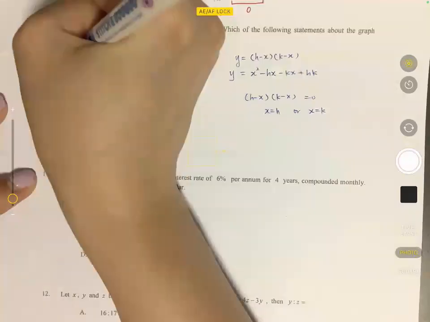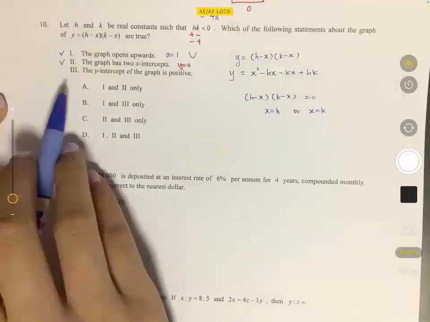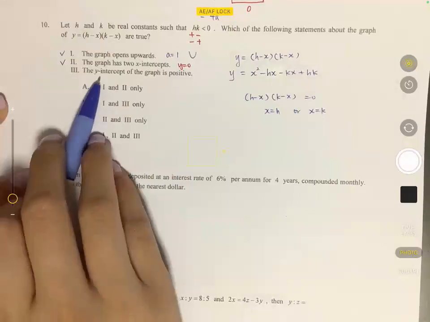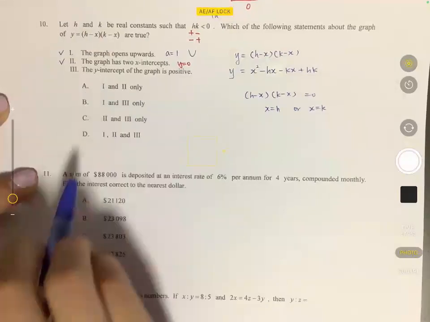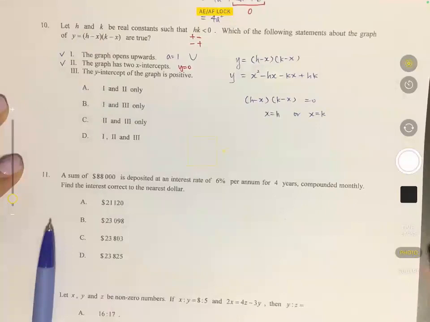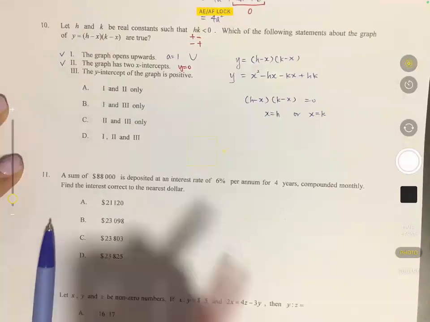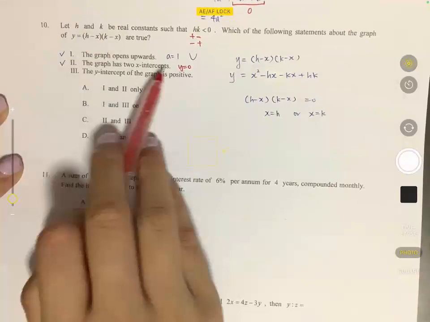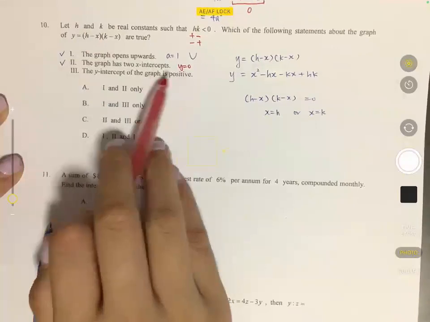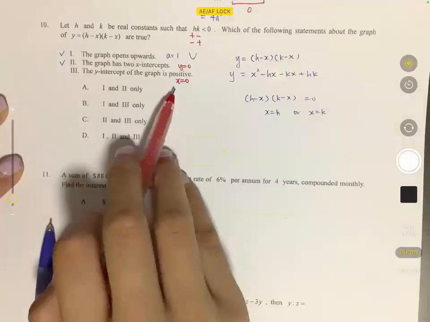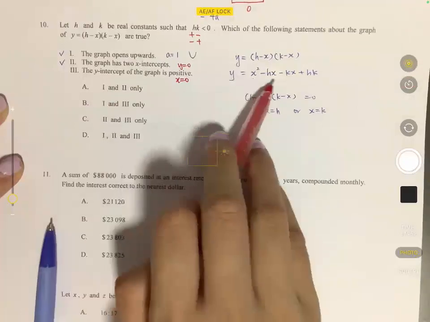How about number 3? For number 3, we check whether the y-intercept is positive or not. For the x-intercept, y is 0. For the y-intercept, x is 0, right? So for number 3, I will check the expanded equation.